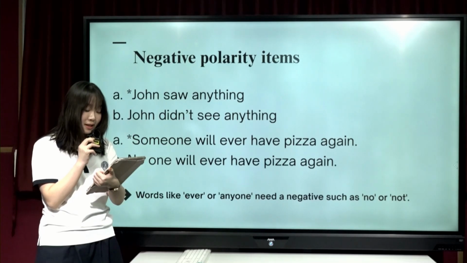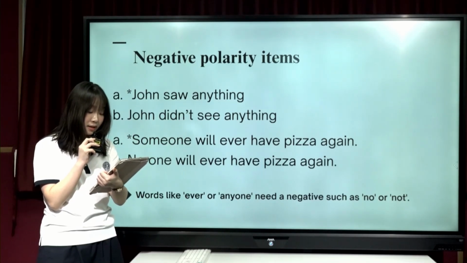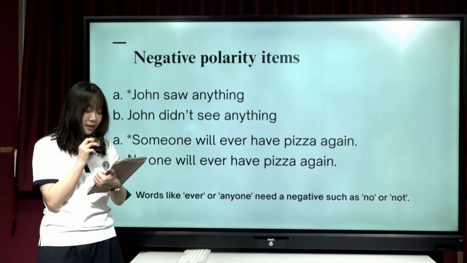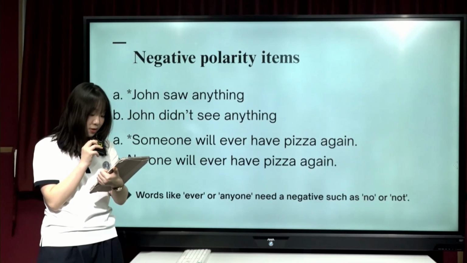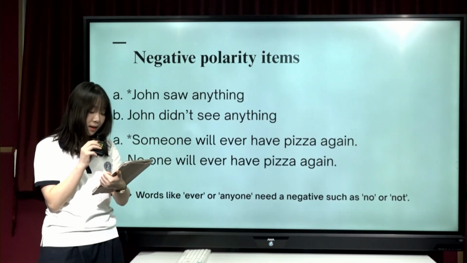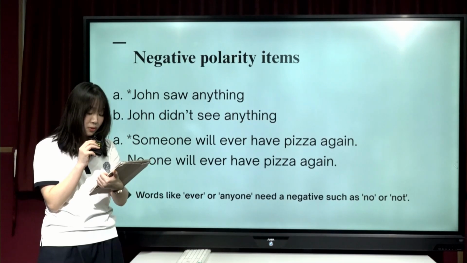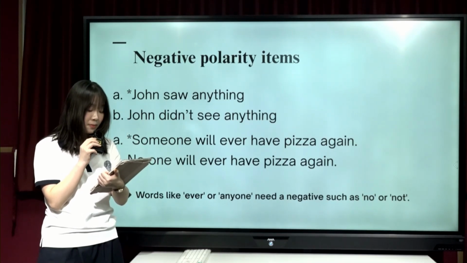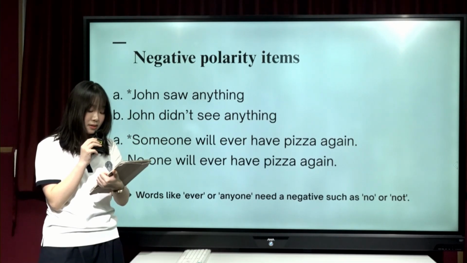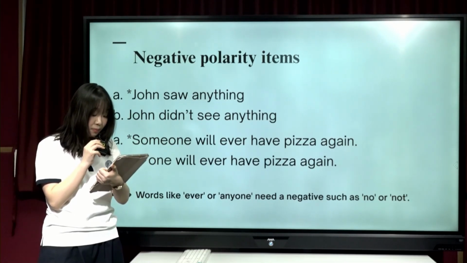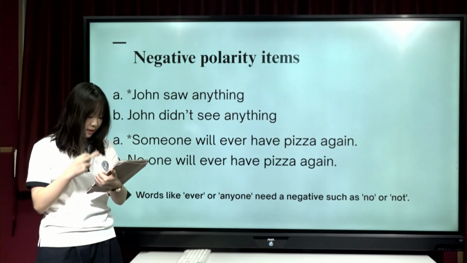Common triggers include no, not, and expressions like no one and nothing. For example, John didn't see anything is grammatical, while John saw anything is not. Likewise, no one will ever have pizza again sounds natural, but someone will ever have pizza again is unacceptable. These contrasts show that NPIs cannot stand alone and must rely on a negative element.